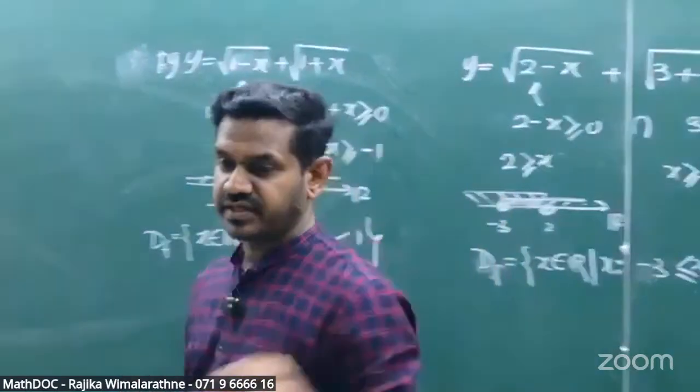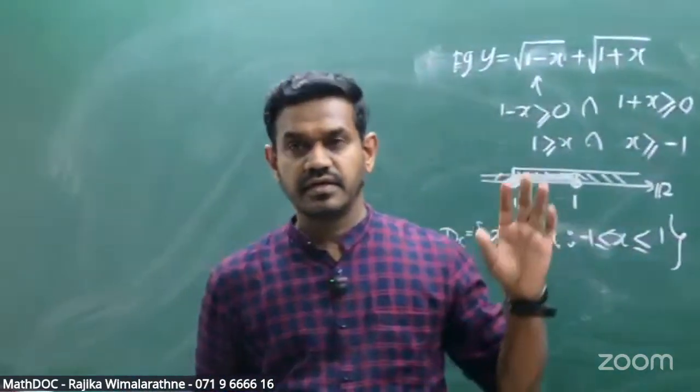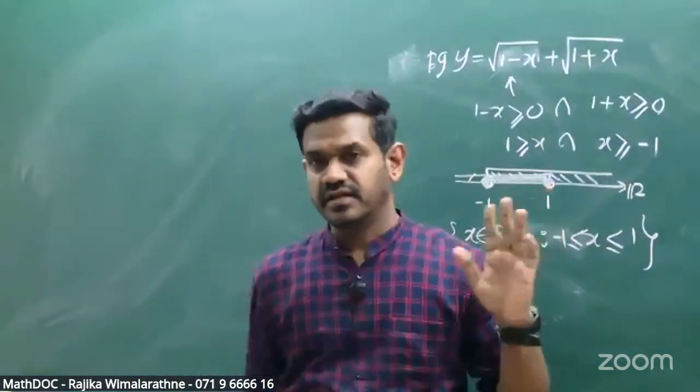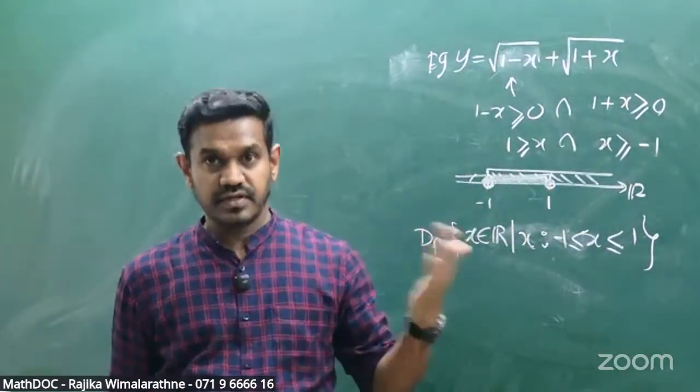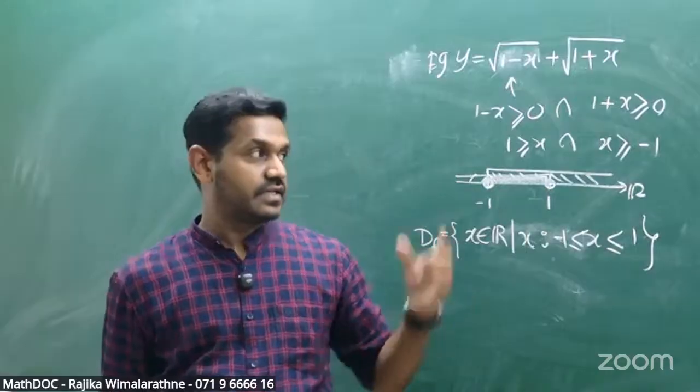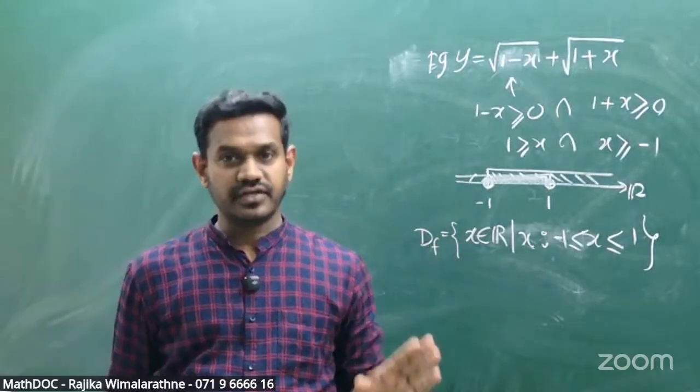Now you try these questions. Anyway, here we do the same procedure. We have two terms, no? Then one by one you have to analyze. Finally, you get the common region.